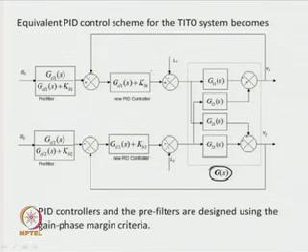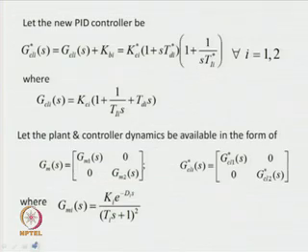Now, effort will be made to design the new PID controller. Let us assume the new PID controller, which is now available in the form of a series PID controller, be given by GCLi*(s) equal to GCLi(s) plus KBi.